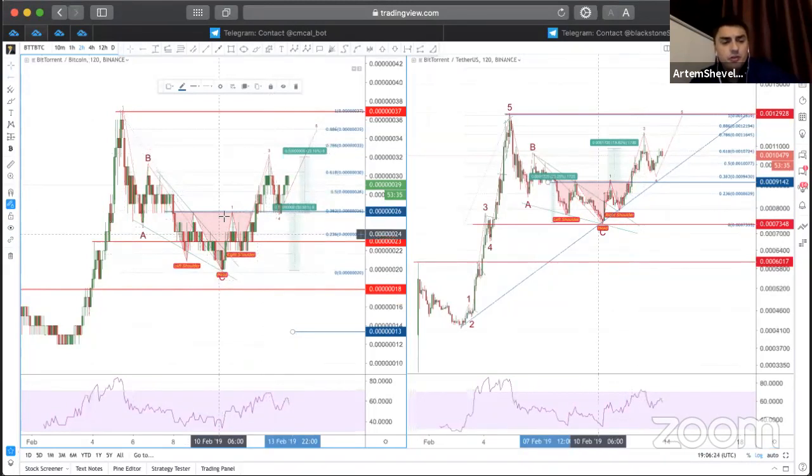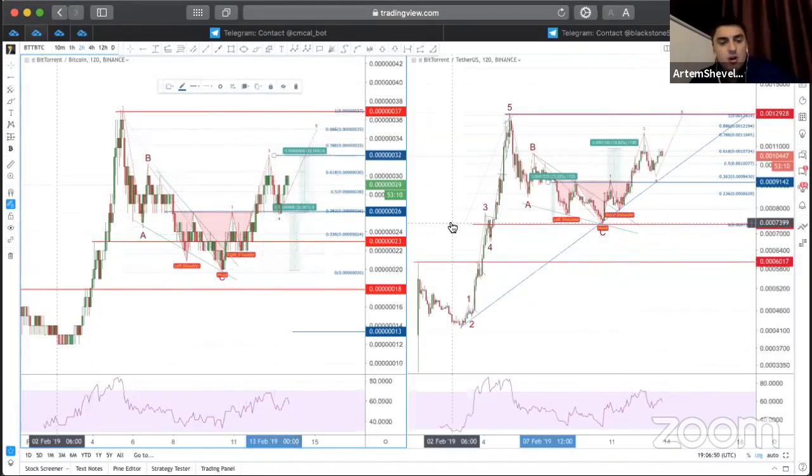If you see the height of this head, you can see I measured it, and it's about a 6 Satoshi move. And if we place 6 Satoshi to the upside, we exactly have this high at 32, which was yesterday. So the price already hit the head and shoulders targets.